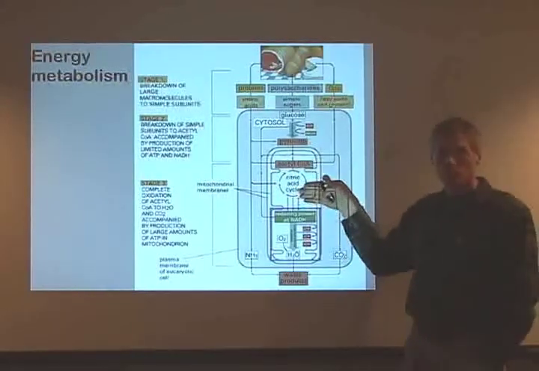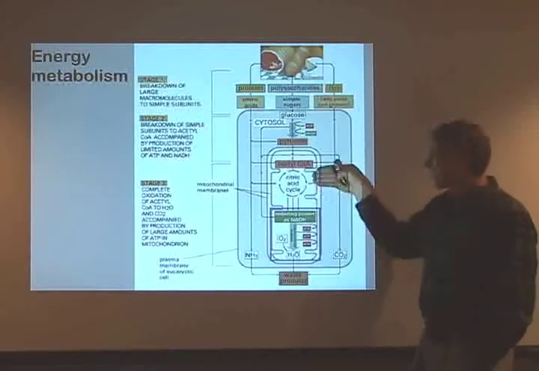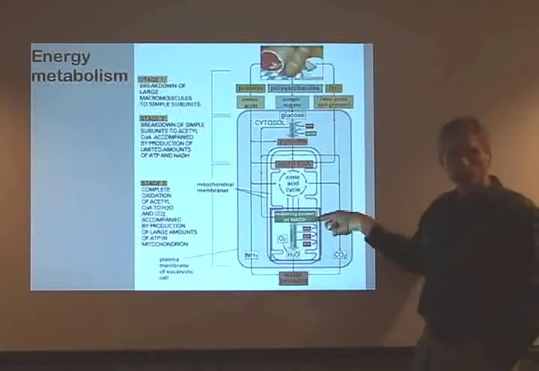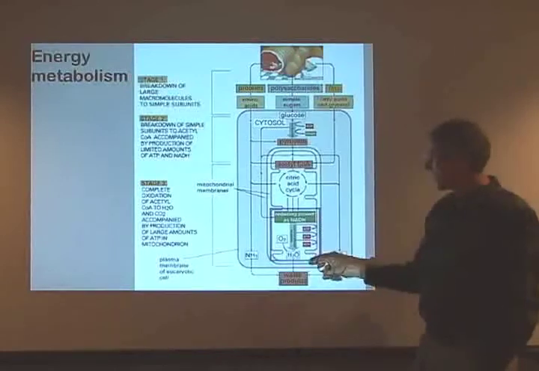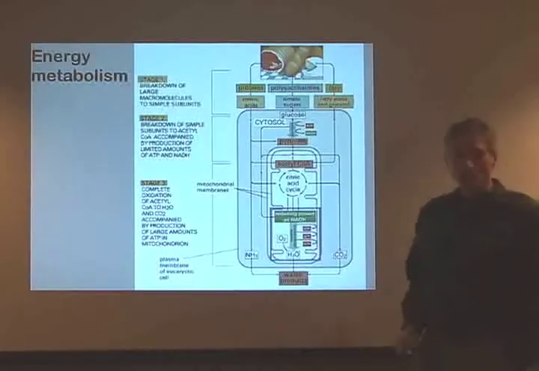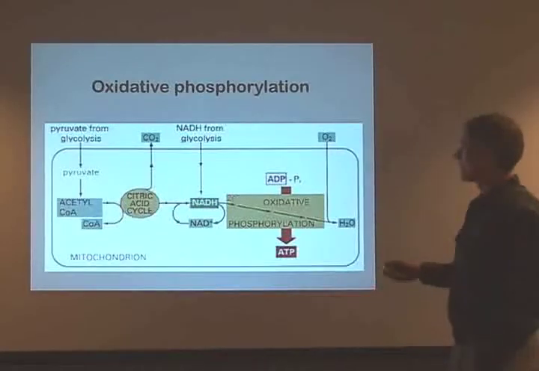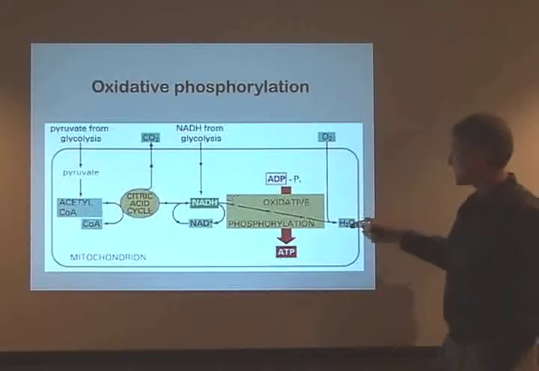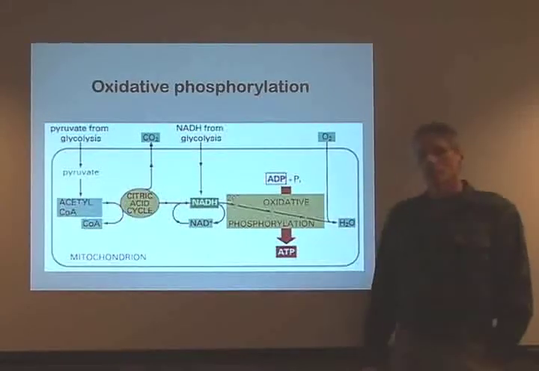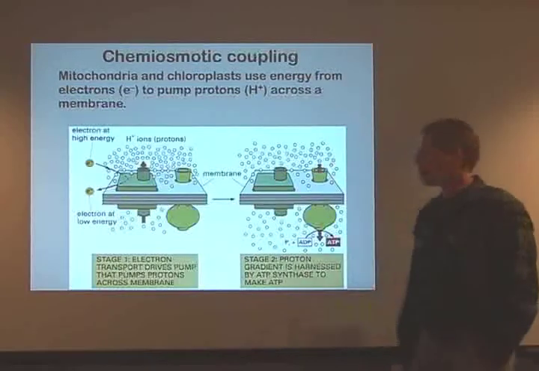Those are all names for the same thing. Now we're going to use those NADHs to make ATP, oxidative phosphorylation. That is pumping protons, yielding ATP, and oxygen combining with hydrogen to make water.